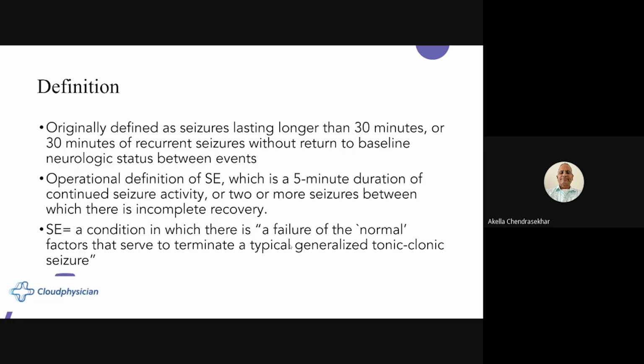Okay, so originally we used to define status epilepticus as seizures that lasted longer than 30 minutes, or 30 minutes of recurrent seizures without getting back to normal neurologic status. Now, the operational definition has come to 5-minute duration of continuous seizure activity, or 2 or more seizures between which there is no complete recovery.